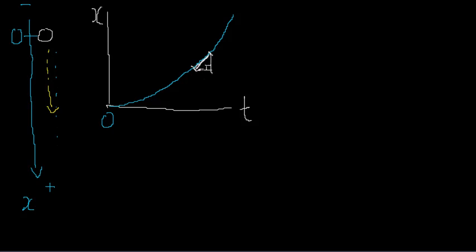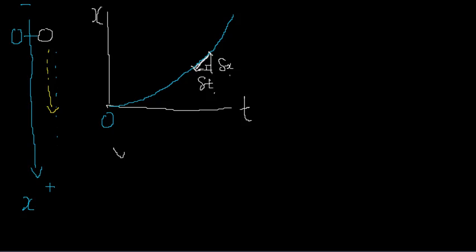over this interval, which I call delta t, the stone or the ball would have fallen by a small distance delta x, and the gradient is given by delta x over delta t, which is the velocity.